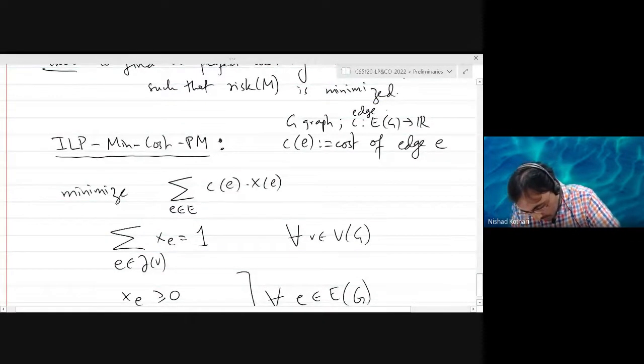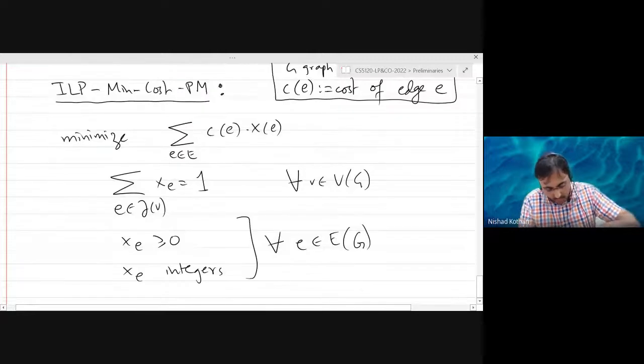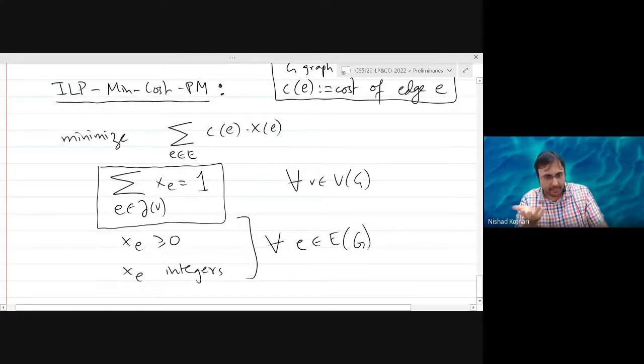Yeah, go ahead. Sir, should x_e be less than or equal to 1 also? Right. So why are we writing an equal to 1 here? That's because we know that our graph has a perfect matching, and we are trying to match every donor and every recipient.